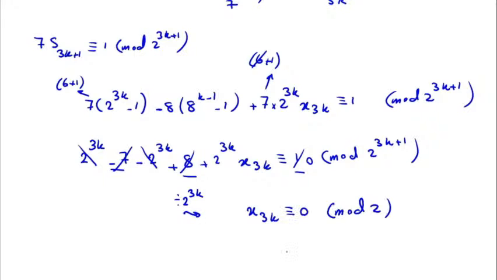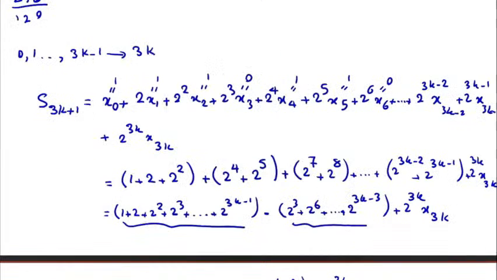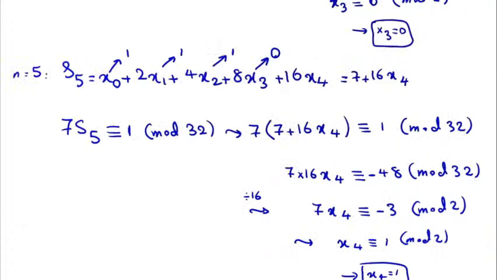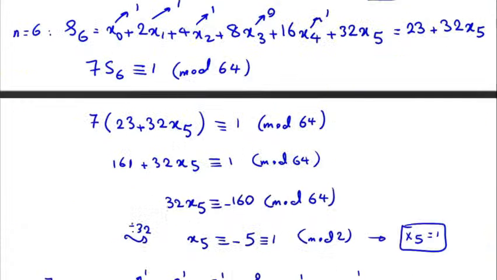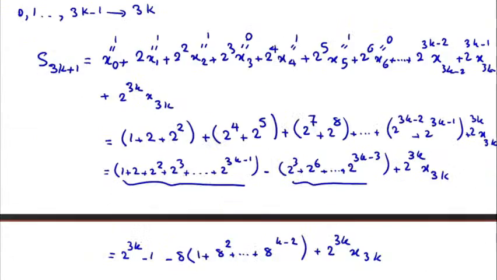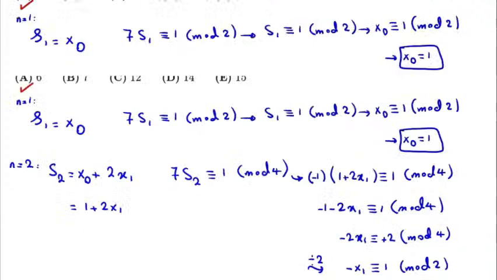So because x_{3k} can be 0 or 1, x_{3k} will be 0. And I proved by induction. You can also, in a similar way, try to prove that x_{3k+1} and x_{3k+2} are 1, and x_{3k} is 0, for k at least 1. Okay. So this was the proof of this problem.